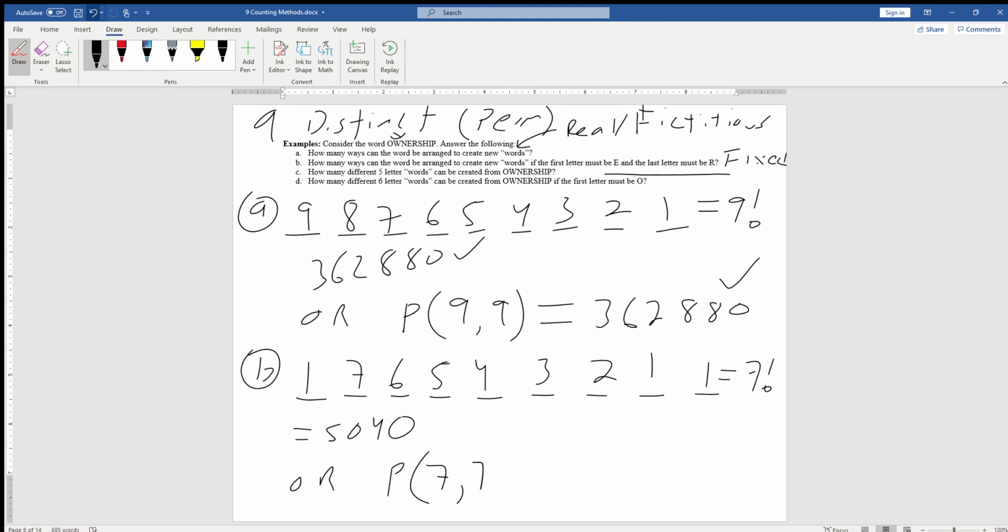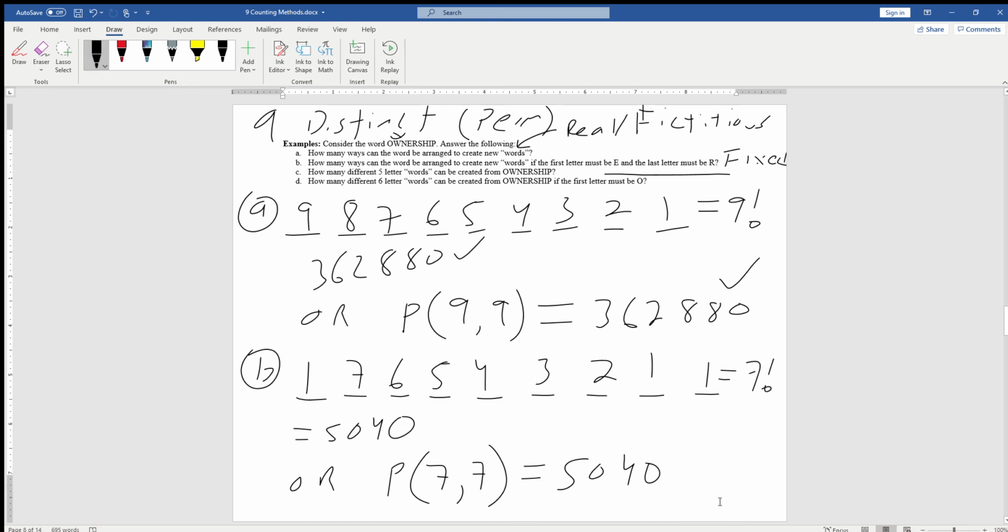Out of those 7, we're picking all 7 letters. So I'm going to go ahead in my calculator, compute 7 permutations 7. And I end up again with 5040. All right, so that's good because now we know 2 different ways to be able to approach the same problem.